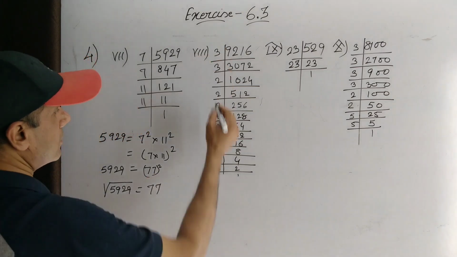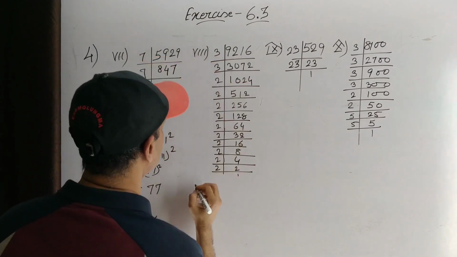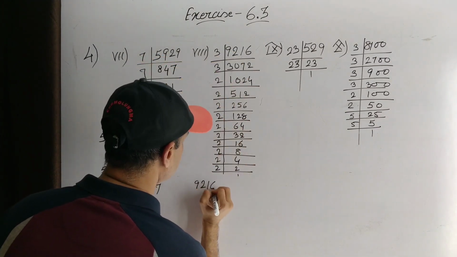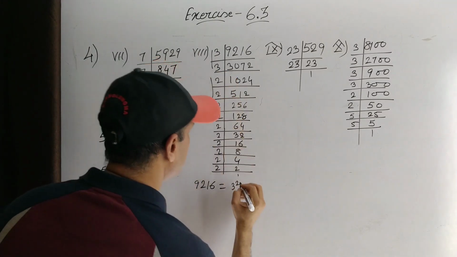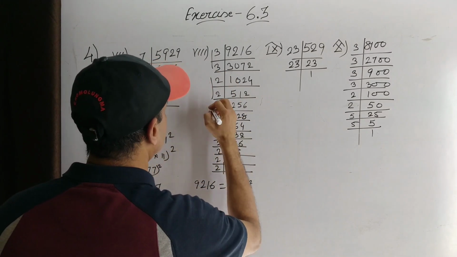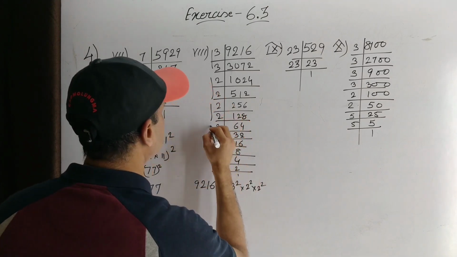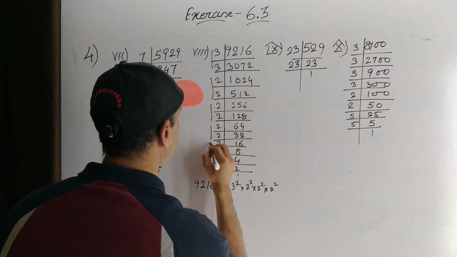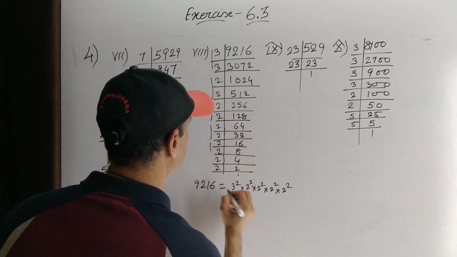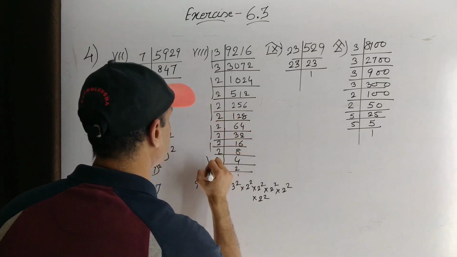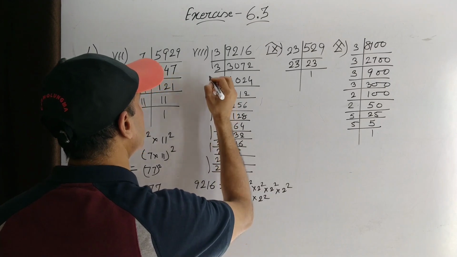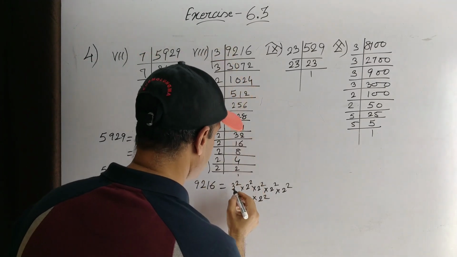Okay. Here we have got 9216 is equal to 3 square into 2 square into 2 square into 2 square into 2 square into 2 square. 1, 2, 3, 4, 5 and 6th one.